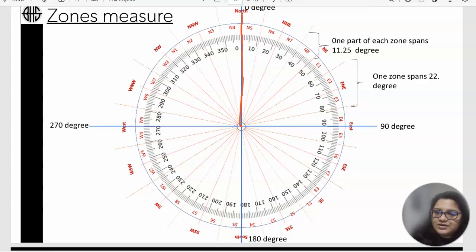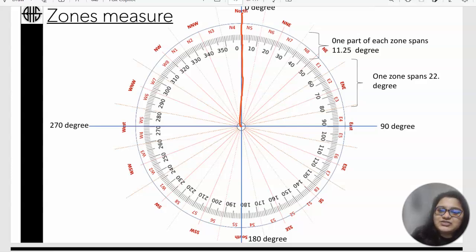As we learned, overall in a 360-degree circle, we have created 16 individual directional lines as of now. So, basic maths, 360 divided by 16 is 22.5. So we have understood each zone will be 22.5 degrees.